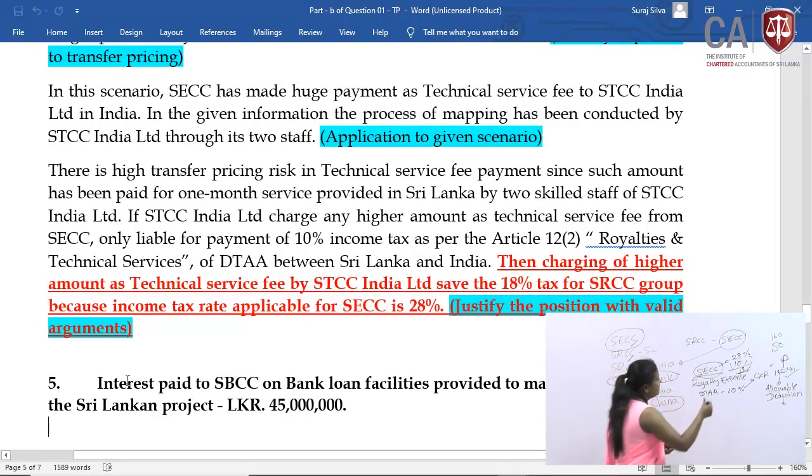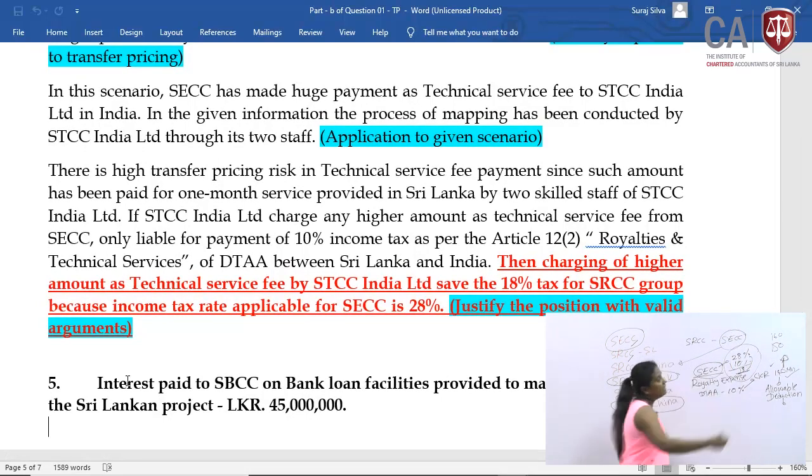I may say the same impact which I have explained for the royalty. Okay, then charging of higher amount of technical service fee by STCC India Limited save the 18% for SRCC group because income tax rate applicable for SCCC is 28%.